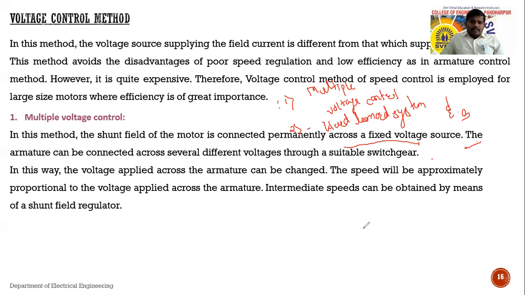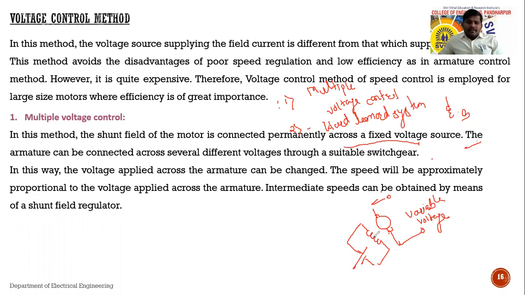The armature of the motor is where the variable voltage is applied. The flux phi produced by the fixed voltage source is constant, and the equation becomes En is directly proportional to V minus IaRa.